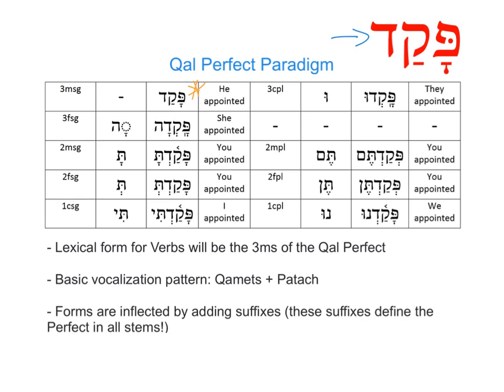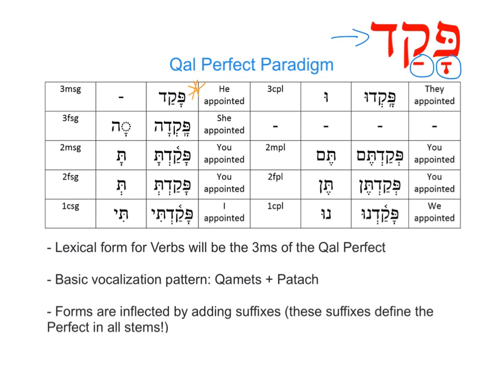Now, before we move on from this, we could say a few things about even this form. What we are seeing here is what we'll call our typical pattern for vocalization of the Qal Perfect. When you run your eyes down this paradigm, most often what you're seeing is that kametz plus a patach as the defining feature.